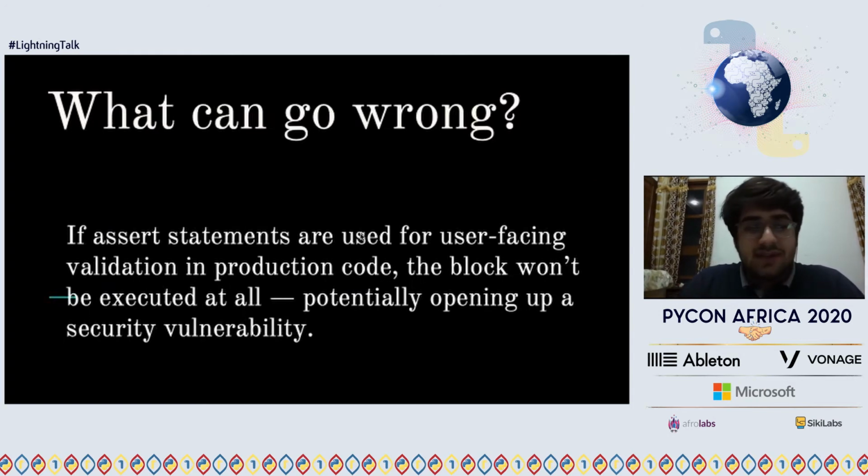Let us read this. If assert statements are used for validation and protection code, the block won't be executed at all. That is, if you execute a Python file which is using assertions for validation with the O flag, it will potentially open up a security vulnerability. Let us see an example.